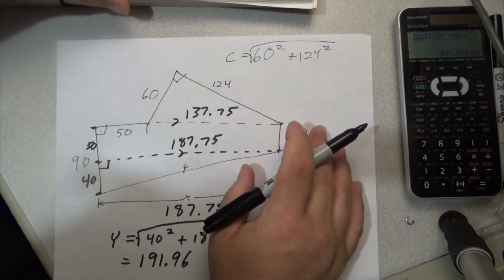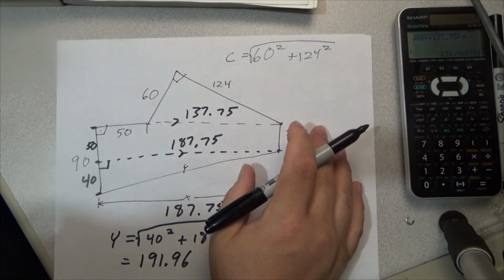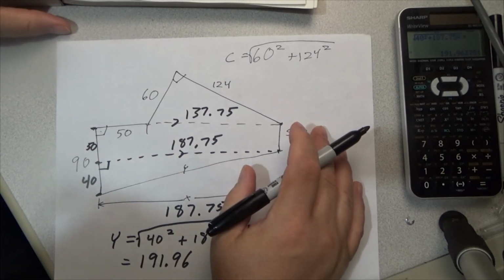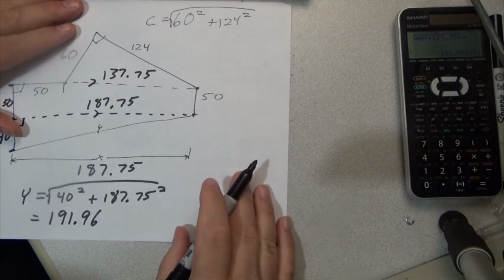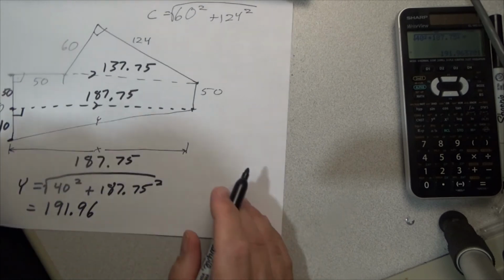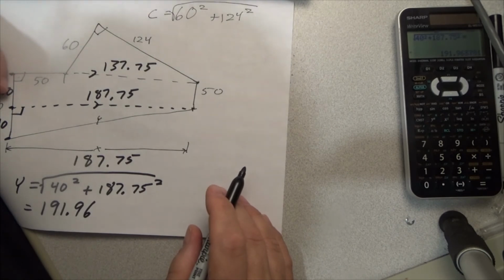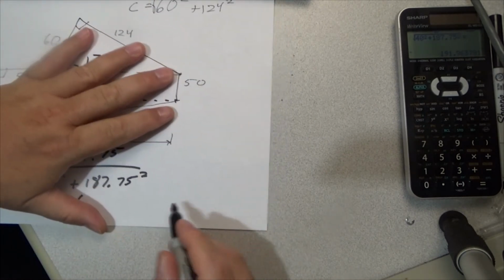Okay, let's do one more little thing here. I'm looking at something similar to number 18 at the top of page 575, where you have a rectangle.